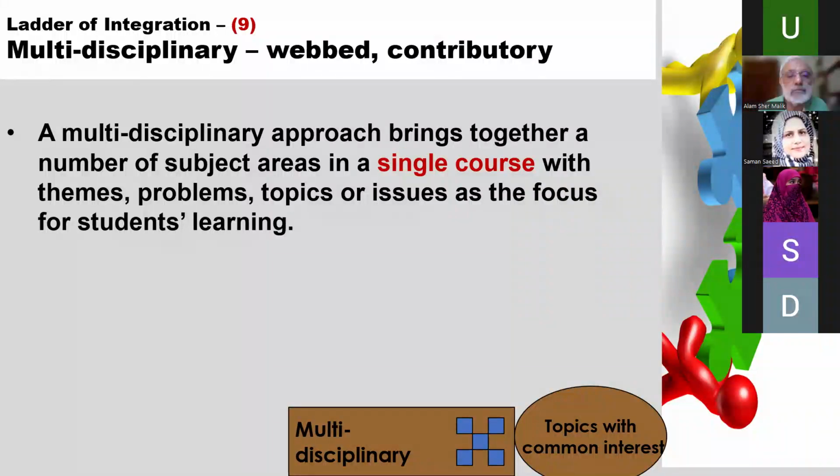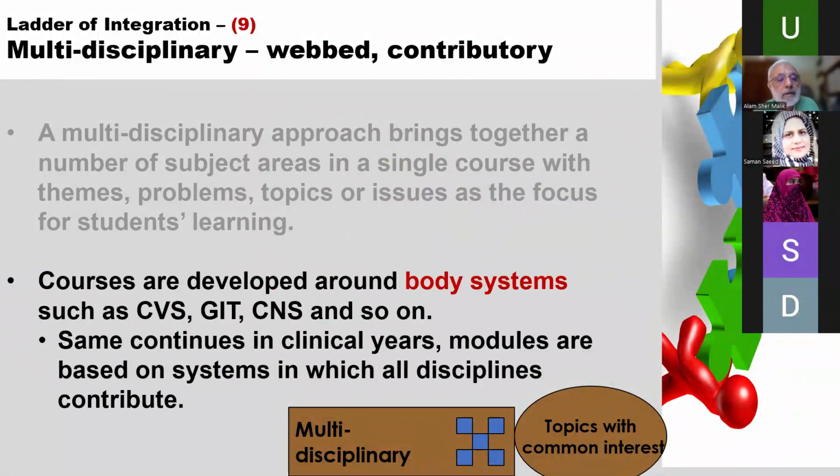So level 9, the multidisciplinary, brings together a lot of subject areas in a single course, with themes, problems, topics, or issues the focus of students' learning. Now, that's how our timetables or our modules are divided on the body system.